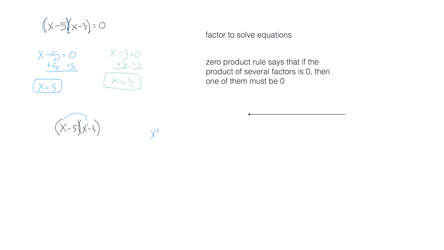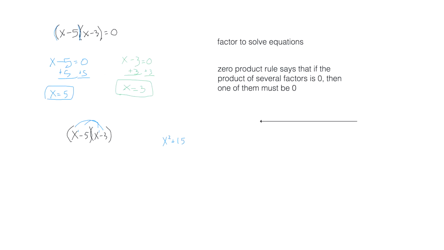Multiply minus 5 times minus 3, which is plus 15. Then I'll work on his chin and his smile, which are the middles. Minus 5 times x is minus 5x, and x times minus 3 is minus 3x. Those are all of these terms multiplied by all of these terms.